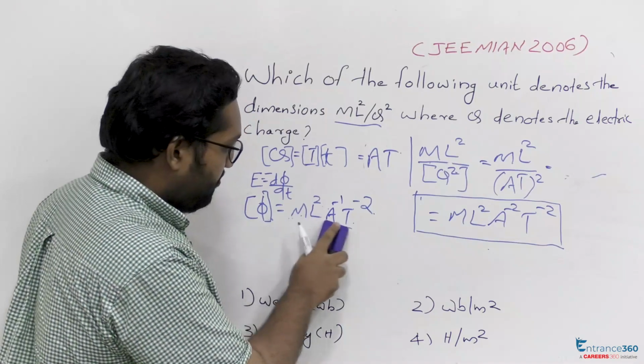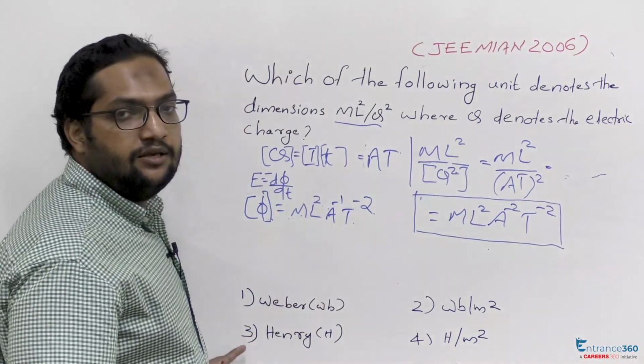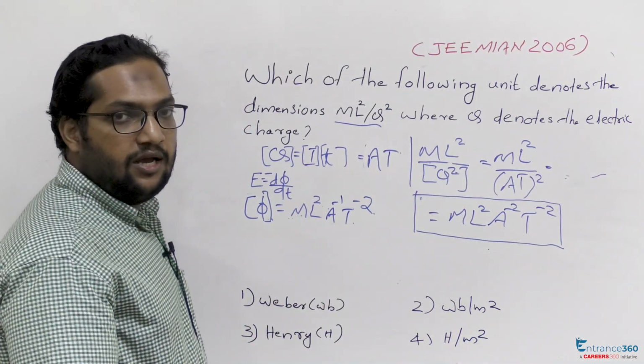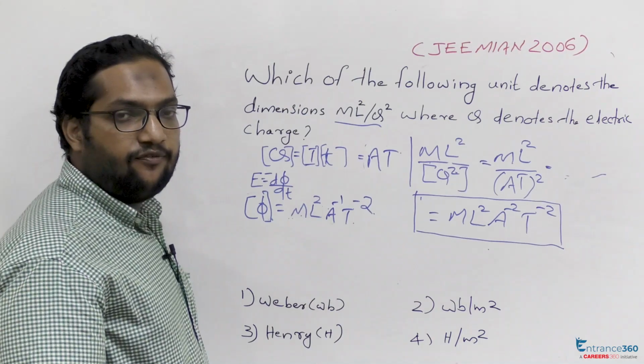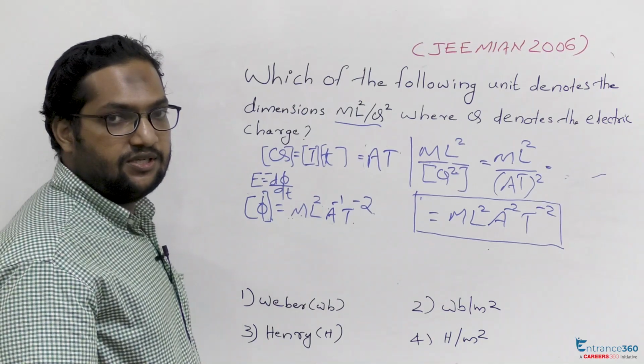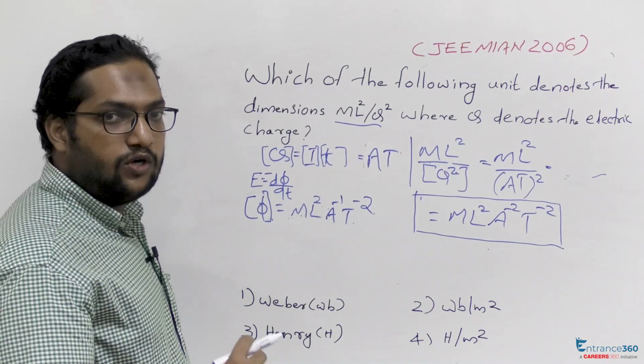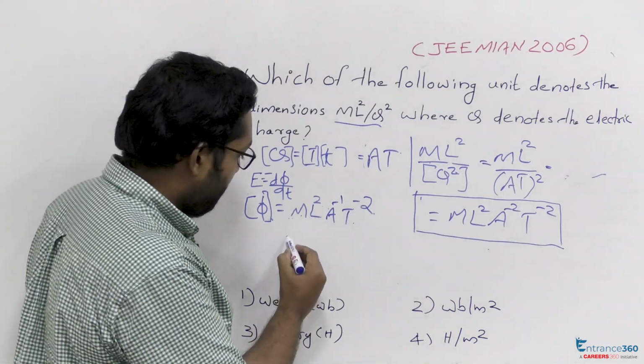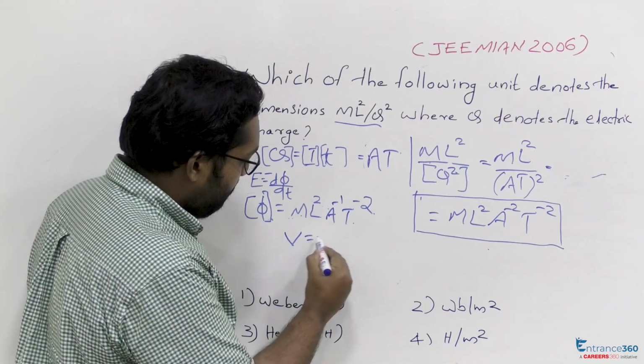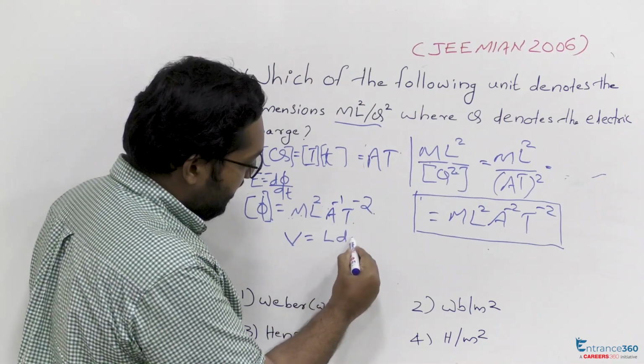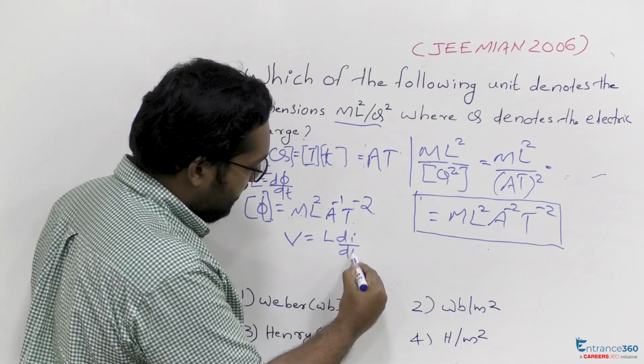So go for option number 3, which is Henry. Henry is the unit of coefficient of inductance, which can be related to voltage or EMF as V is equal to L di by dt.